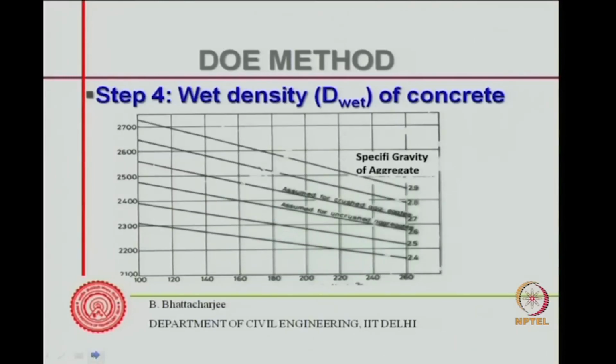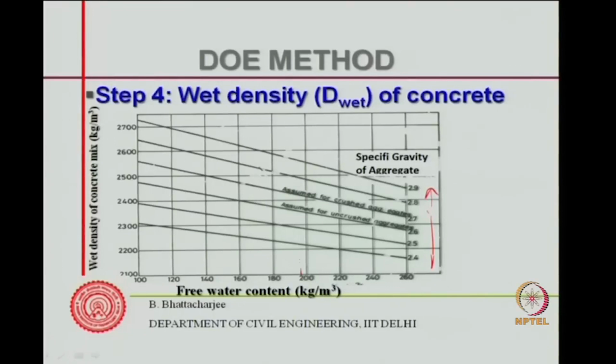This is done from a figure like this, where the wet density of concrete is plotted against free water content for various specific gravities of aggregate. You know the specific gravity of your combined aggregate because you know the combined grading and their proportions, and you know your free water content.